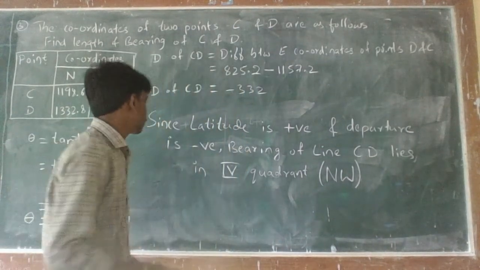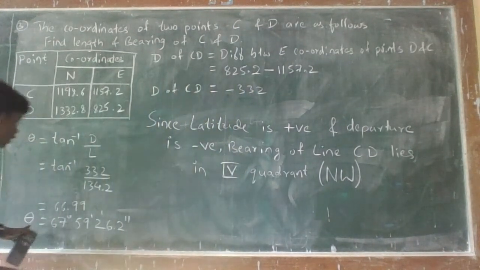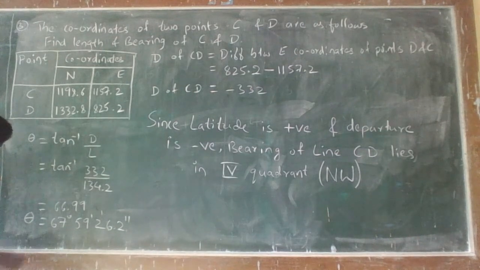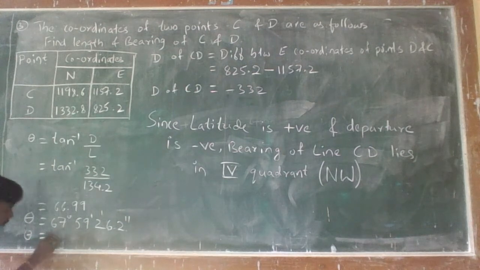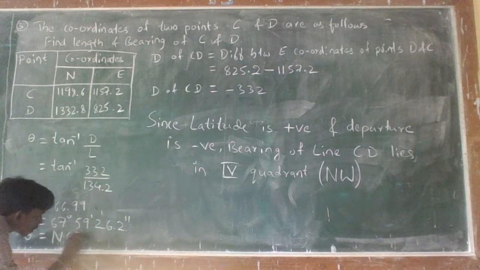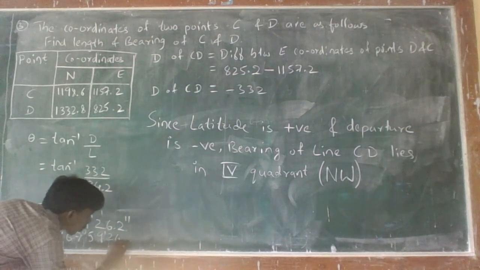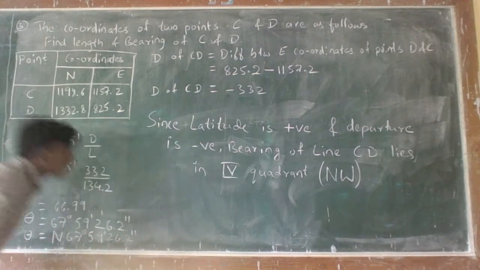See here, we got the theta in the quadrantal bearing system. So this can be written as theta is equal to north 67 degrees 59 minutes 26.2 seconds.